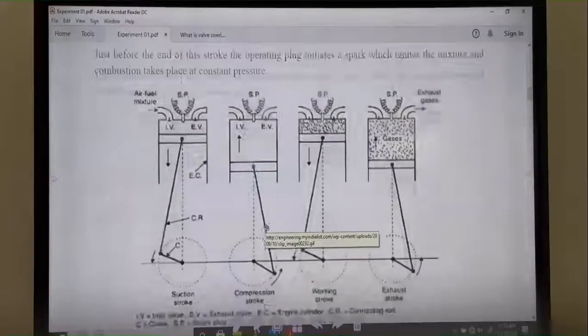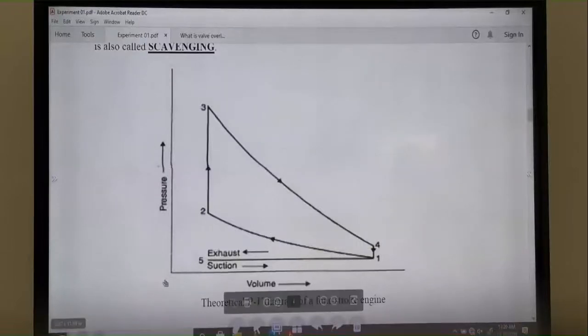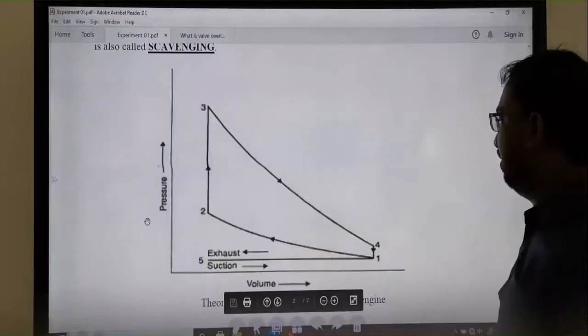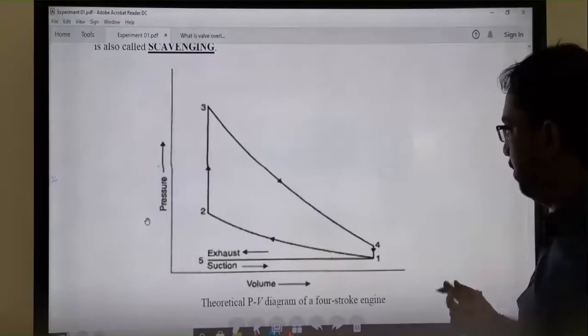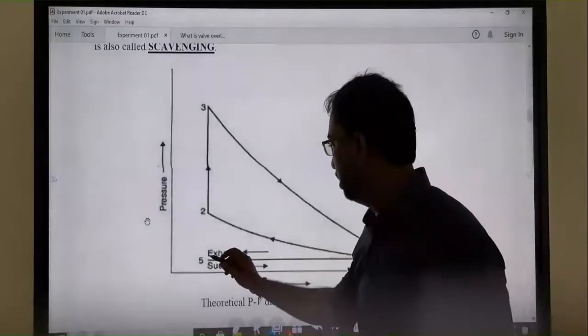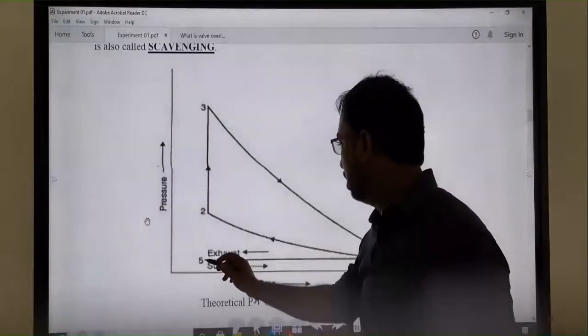Here we can see the related PV diagram for this four-stroke petrol engine. Actually, this is the theoretical diagram. Practically, we cannot get a diagram like this, so we only study this diagram as theory.